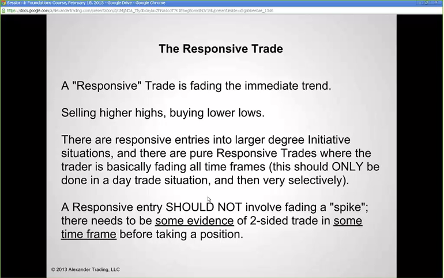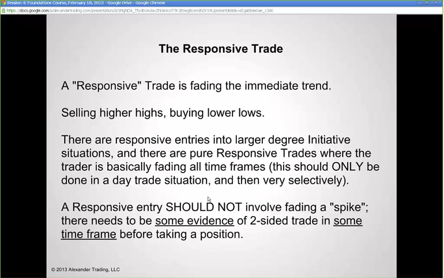Now, I strongly feel that you want to always try to get initiative trades, and that to just try to make a career out of taking responsive trades is not the way to go. Now, there are people that do that, and that's fine. I'm not saying not to trade responsively, because I do. I want to make it perfectly clear. I do take pure responsive trades.